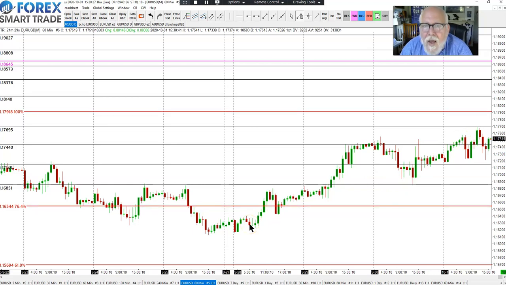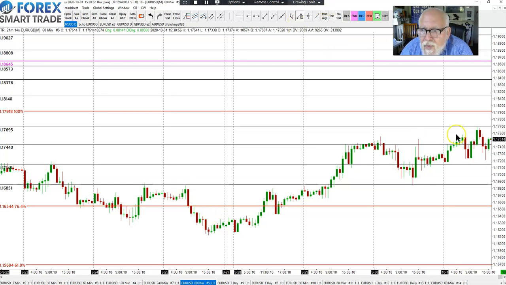So when I've got an up signal and an uptrend, I'm more apt to take more pips out of the trade than I am when I'm trading a buy signal in a downtrend.